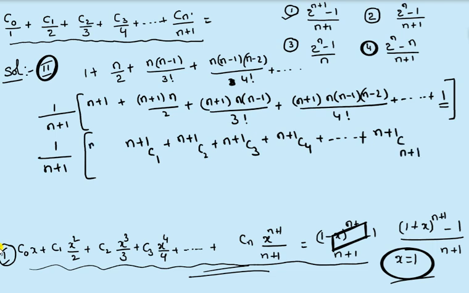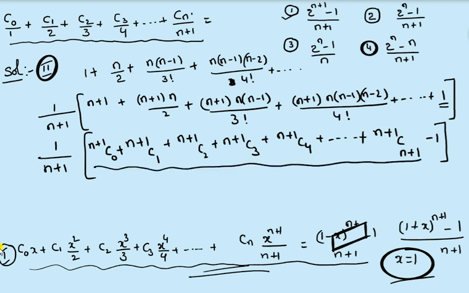Now what I am doing is adding n plus 1 C0 and immediately subtracting the same. Now can you tell me what we can write this as? This is nothing but the sum of the binomial coefficients, that is 2 to the power of n plus 1, minus 1. That is the answer.